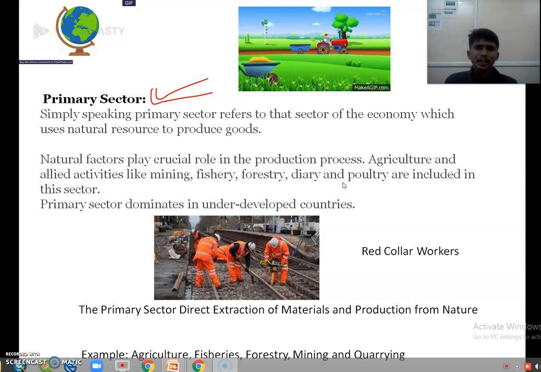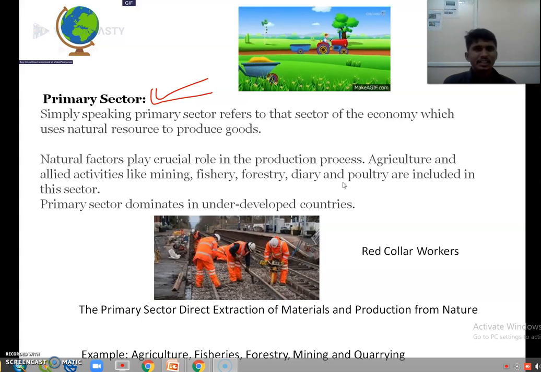So, primary activities are directly dependent on the environment, as this refers to utilization of earth resources such as land, water, vegetation, building material as well as minerals. So, they include hunting and gathering, pastoral activity, fishing, forestry, agriculture and mining and quarrying.